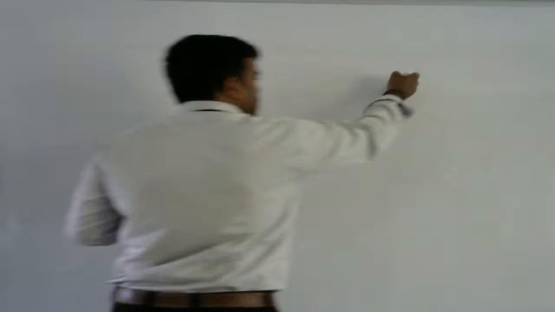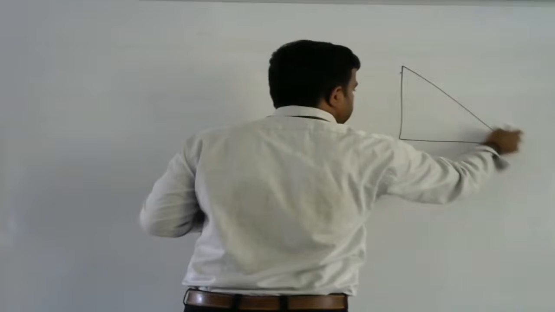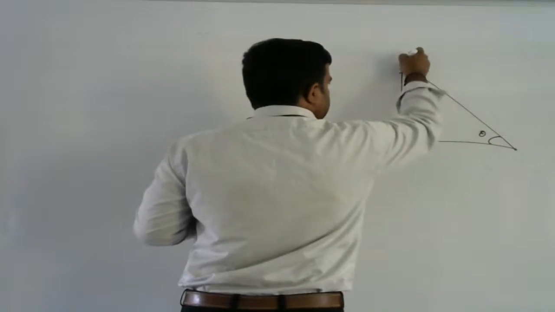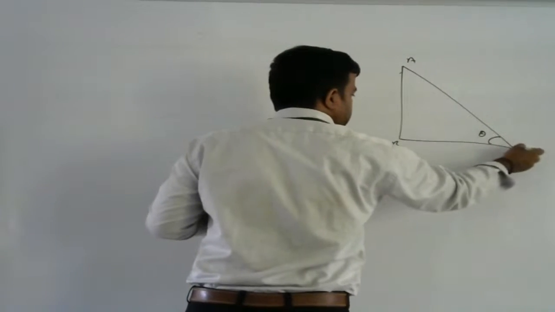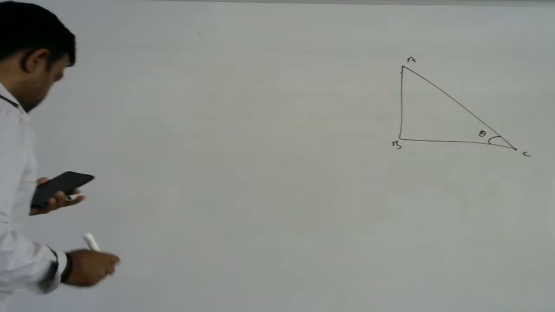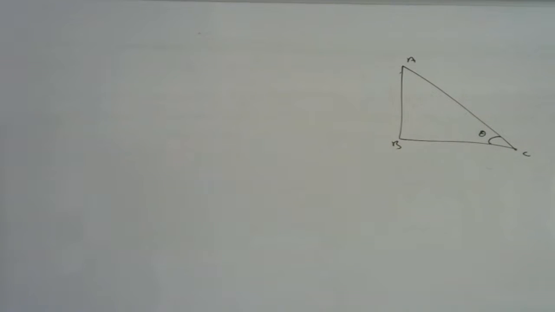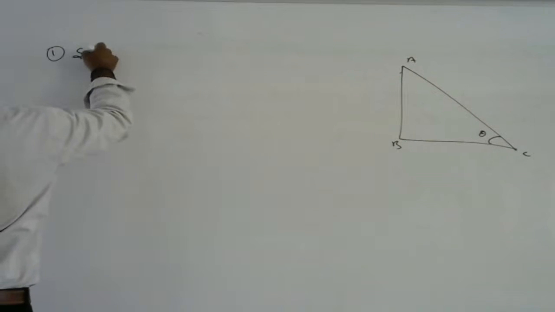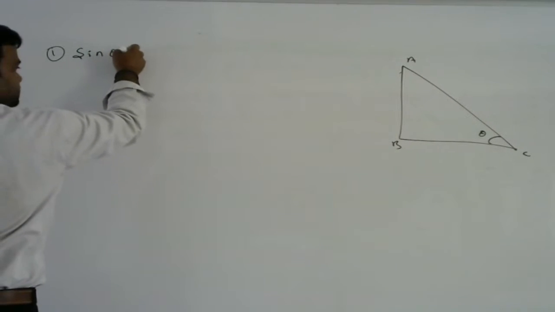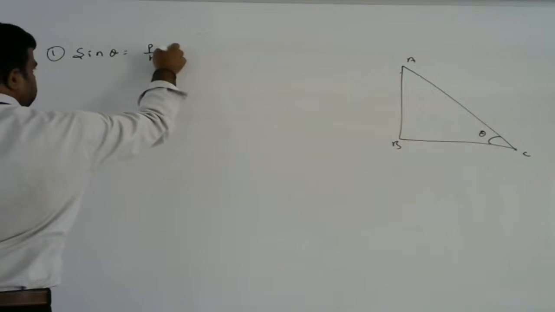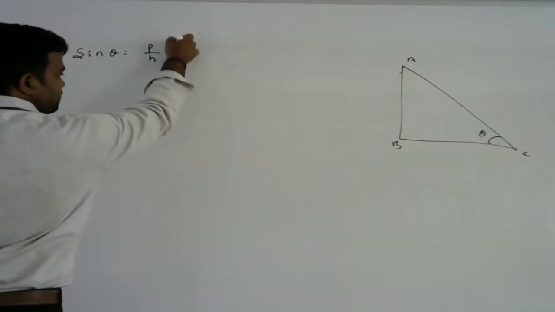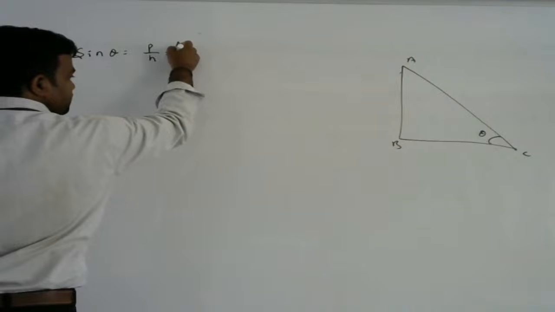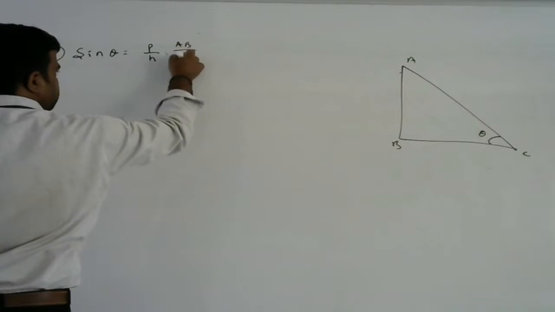We discussed that in a right angle triangle, the ratios of the sides are like this: sine theta is perpendicular by hypotenuse, that is PB by AC.